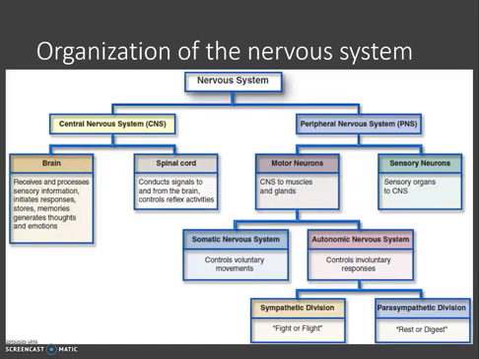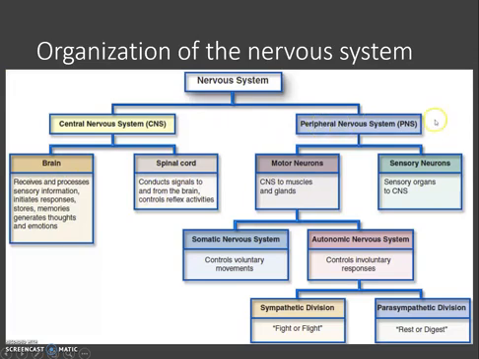So if we take an overall look at the organization of the nervous system, first of all, we've got two different structural divisions. So we've got our central nervous system, which includes the brain and spinal cord. And the spinal cord is the connector between the brain and the peripheral nervous system.